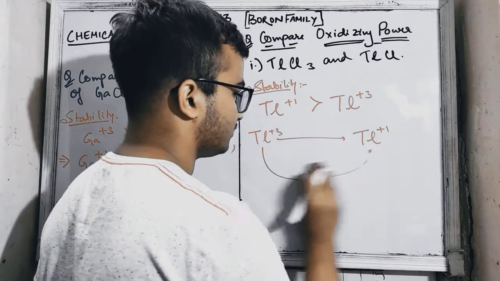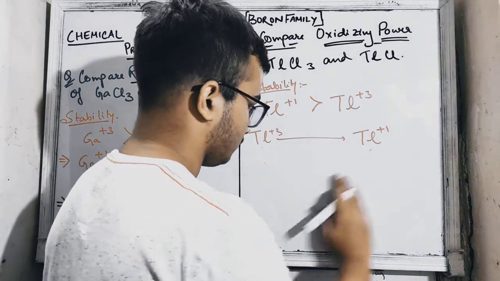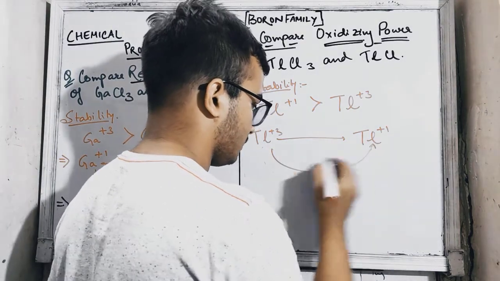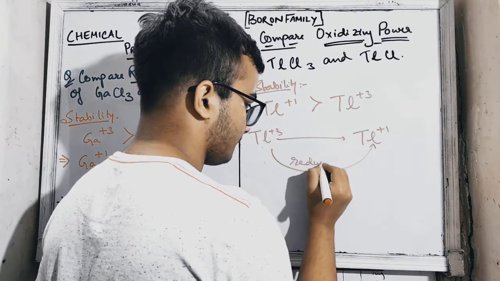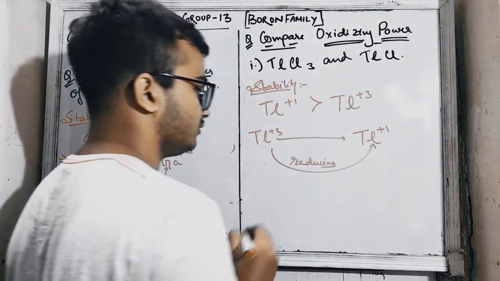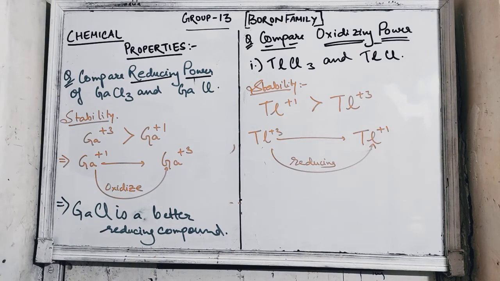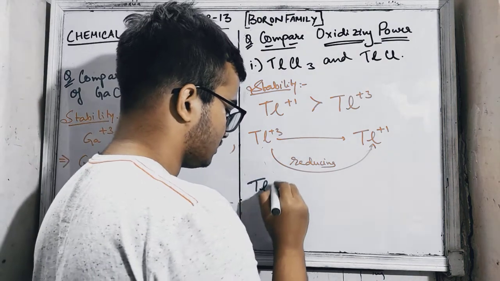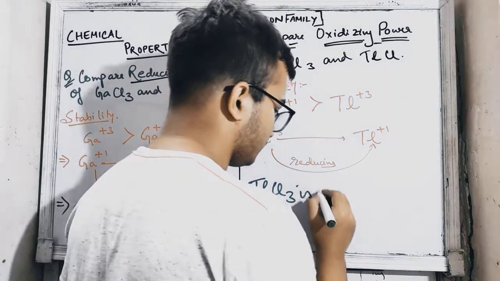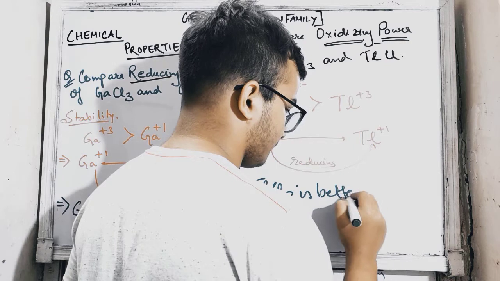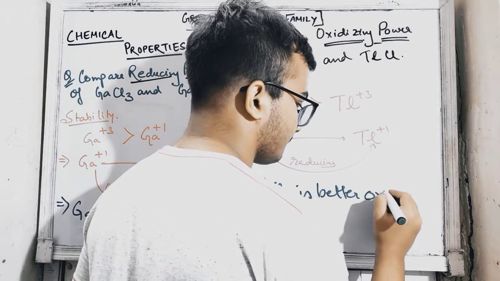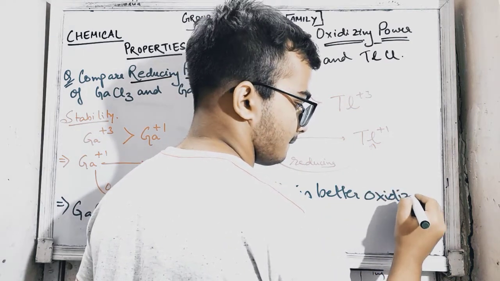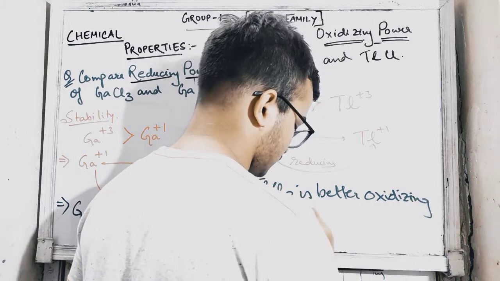It is reducing itself, right? Reduction. So it is reducing itself, which means that TlCl3 is a better oxidizing agent.